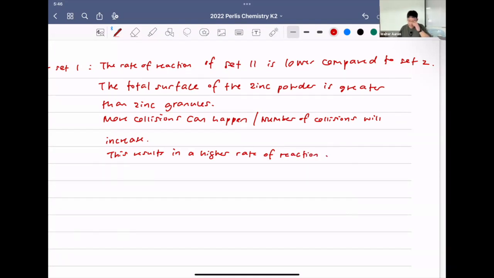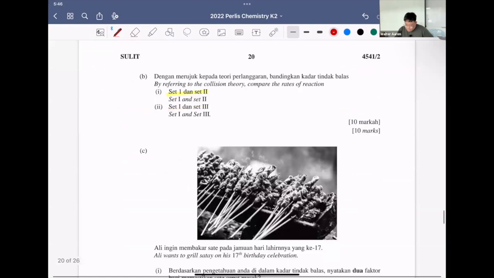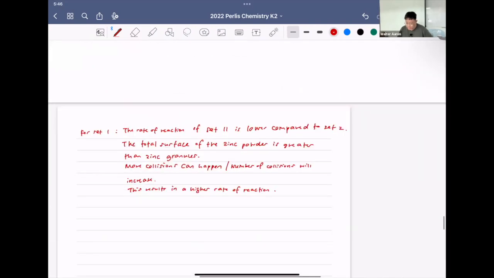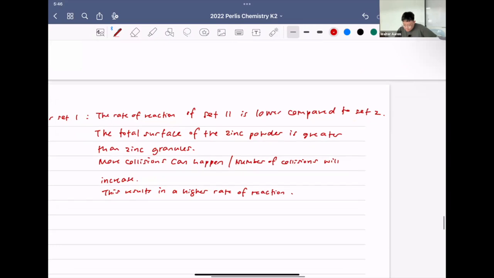That's one. Okay, so usually questions like this, if we see properly, they only carry around 4 to 5 marks for each. So if you answer every single point, this should be done, no problem. So we compare the rate already. We also talk about the surface area and the number of collisions, as well as, oh yeah, I missed that one, the number of effective collisions.